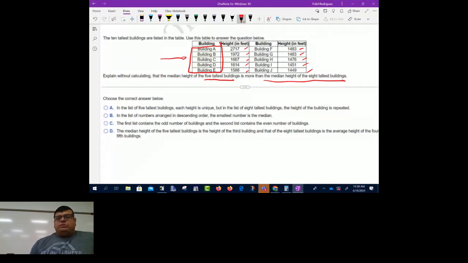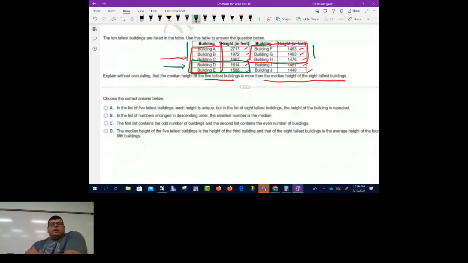It would be the one in the middle. Now, if we were to do the median of the tallest 8, that's 5, 6, 7, 8. Okay, y'all, if I wanted to find the median here, I would be looking for the average of those 2 numbers, right? Because there's 3 numbers above it and 3 numbers below. So I'd have to be finding the average of those.